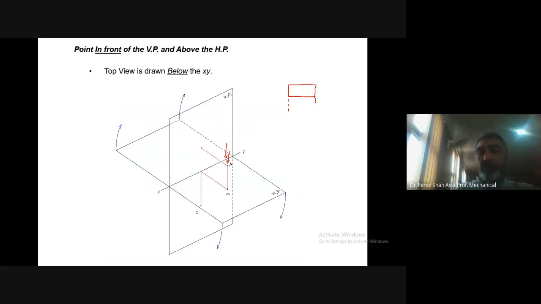a projector. You will do it with the help of a set square, and I will only have to measure its width, because this length dimension, which has already been measured in the front view, doesn't need to be measured again, and you can do it by aligning it with the front view.